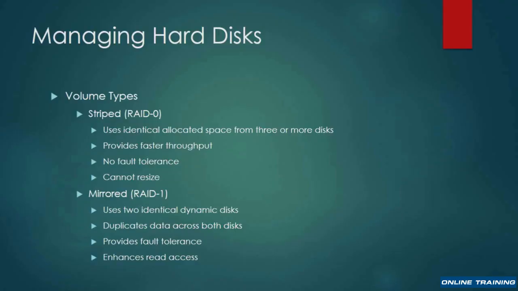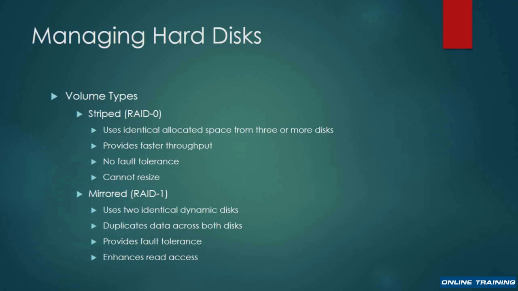So on the one side, I'm increasing my speed, but I'm actually decreasing my chances for reliability. And because I have no fault tolerance, I don't know that it's a great thing. You would definitely want to be backing it up. Typically, striped volumes are only used for database drives, something that really requires a high level of throughput.